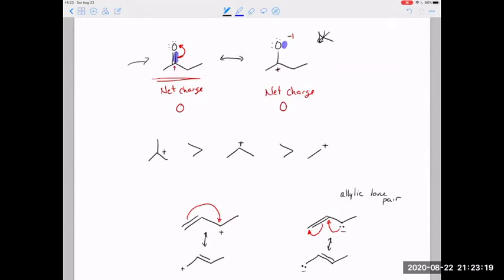But allylic lone pairs will be 2 arrows if you look at the cheat sheet. And when you have an allylic positive, it will be 1 arrow. Both of them have resonance. It's just trying to hammer home how many arrows you need to make sure to draw.